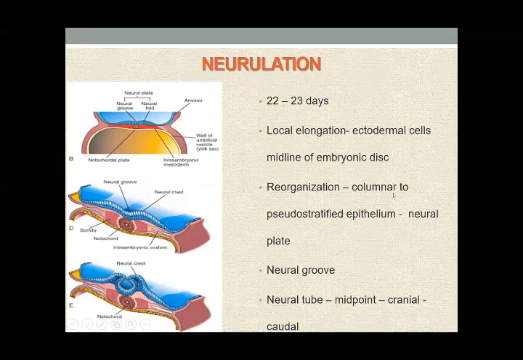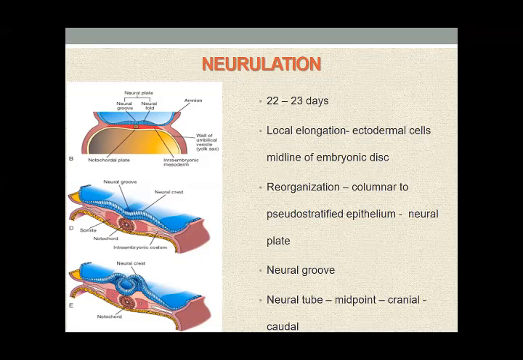A very quick recap. Neurulation was studied in first year, remember? In first year we did that by day 22 or 23 the neural plate develops.